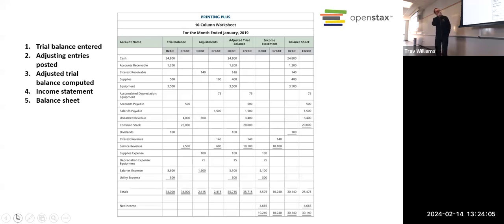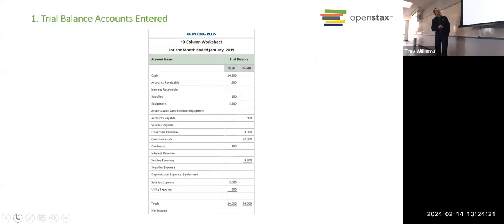In each of those 5 documents that we see here, we have a debit column and a credit column. So 5 different documents, each with 2 columns, is where we get 10 columns, right? So let's take a look at this in more detail, starting with the first 2 columns. This is the unadjusted trial balance. It just says trial balance, but we know it's the first one.